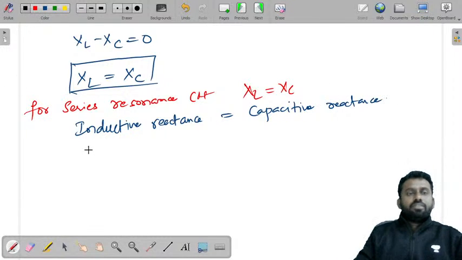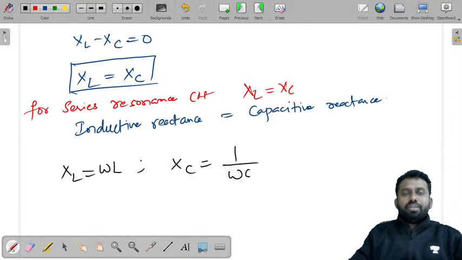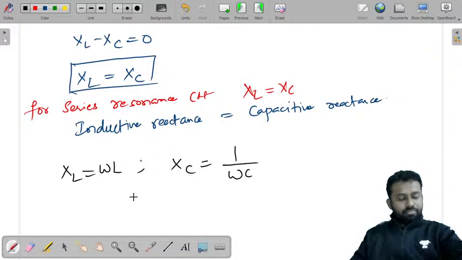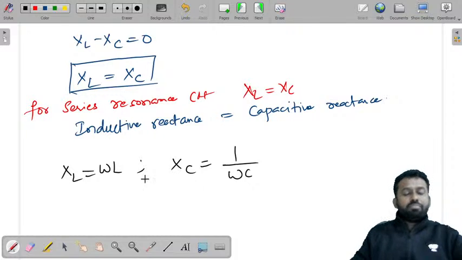Now we can find at what frequency this happens, because we know XL is equal to omega L and XC is equal to 1 by omega C. Now if you just try to plot this, what will happen?